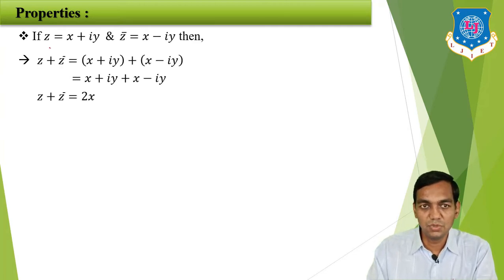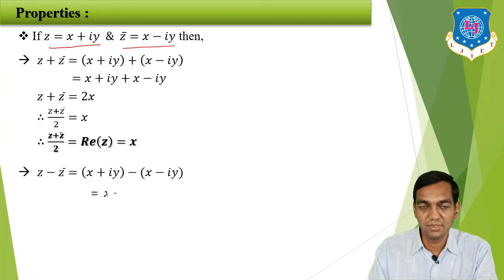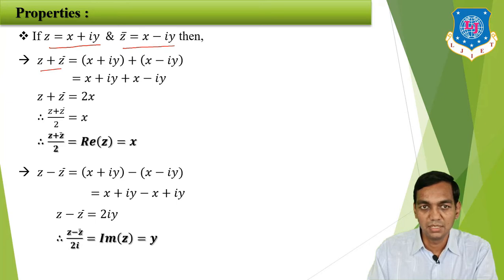Now, since we are aware that z is equal to x plus iy, z bar is equal to x minus iy. So if you add these two, then z plus z bar will be x plus iy plus x minus iy. So iy will be cancelled out and you get 2x. So x is equal to z plus z bar upon 2.